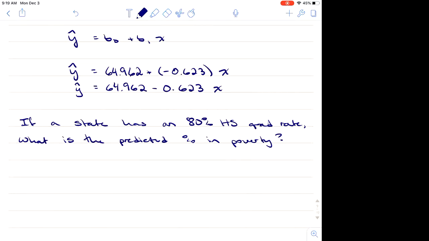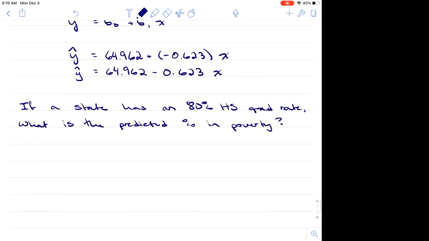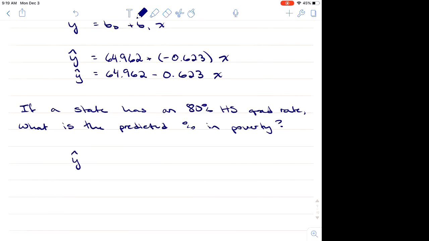So now you have to use this regression equation to predict future values of y, right? So you've got this state with an 80% high school grad rate. Tricky because we're using just the percentages as the numbers, but you're going to use the y hat is 64.962 minus 0.623 times 80.